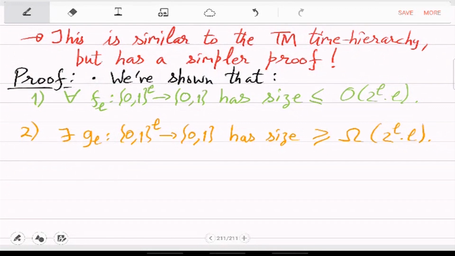We can combine these two to prove the statement we want, which is that size T prime is more than size T. How? We have to show a function that is in size T prime but not in size T.